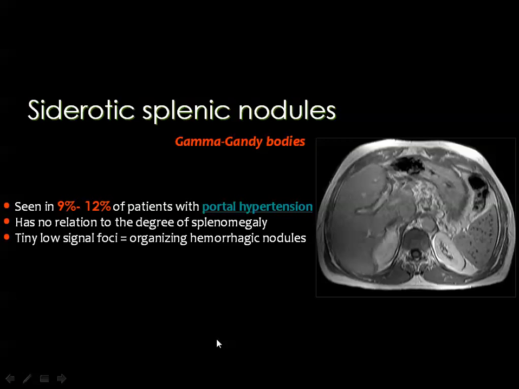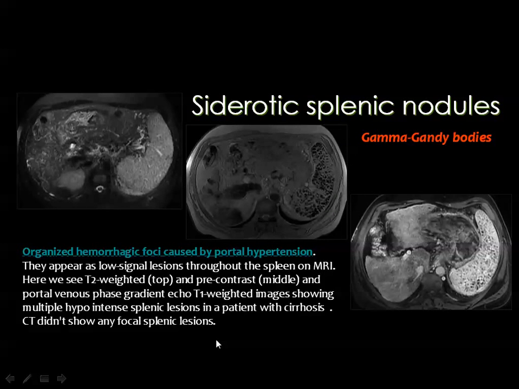And this, as I have said, is usually seen in a few cases of portal hypertension, and this is an example. The lesions are best seen in the gradient images and also in the T1 weighted image, but they are not well appreciated in the T2 weighted image.